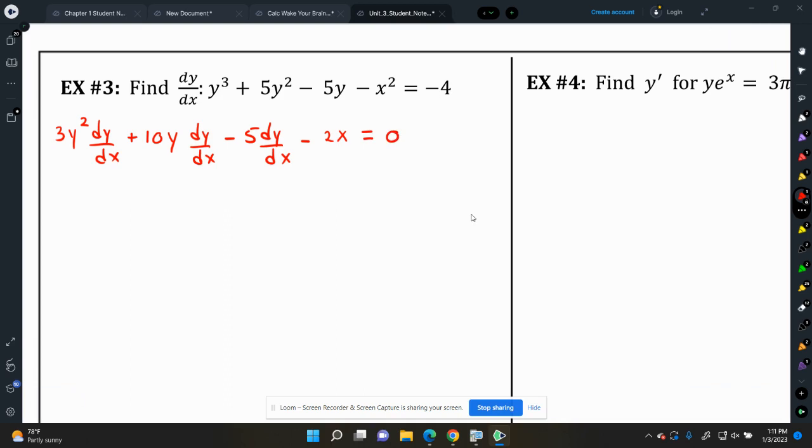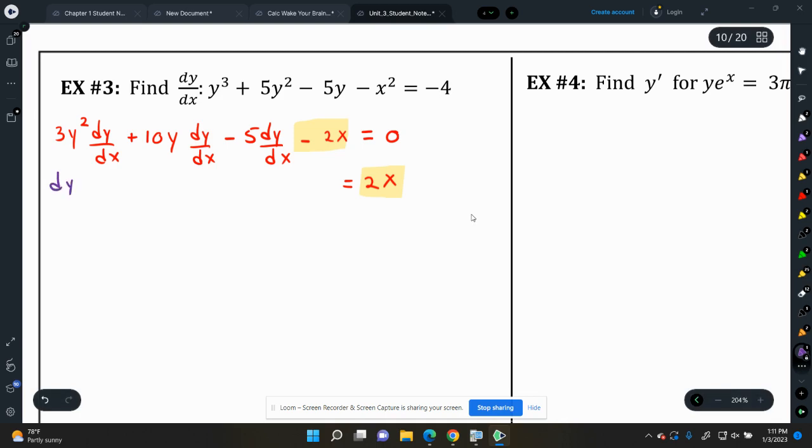Anything that does not have a dy dx, I'm going to move to the other side. So we're going to add 2x to both sides, so we have 2x over there. Okay, so I moved this to the other side. Now on the left side, what am I going to do?